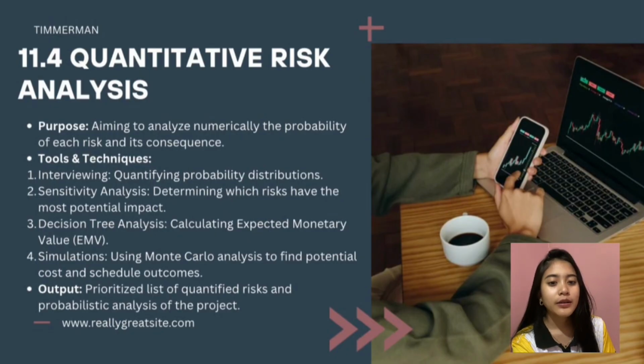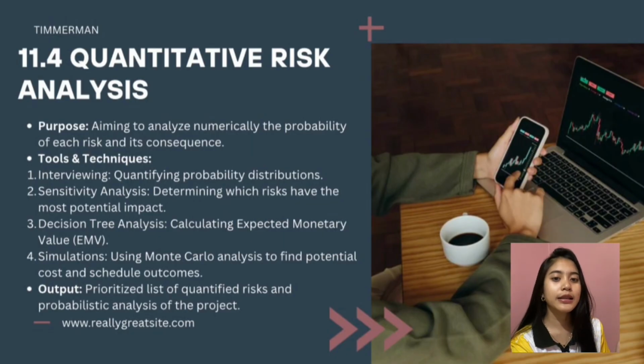First is interviewing. So experts and stakeholders are interviewed to help determine probability distributions for different risks. So their experience and knowledge allow the project team to estimate the likelihood of risk and the possible range of outcomes. The second is sensitivity analysis.